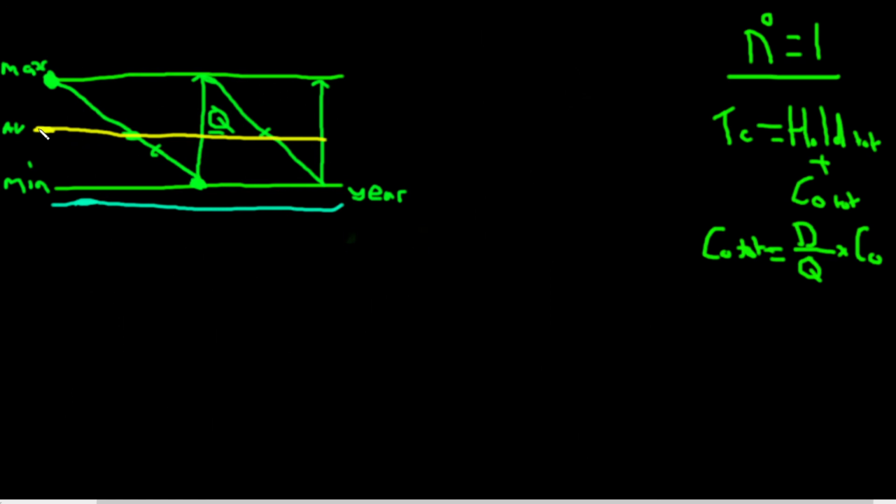Okay, and this yellow line is represented. Well, we know how much this is. This is Q, the total between the maximum and the minimum. So the average is just half.